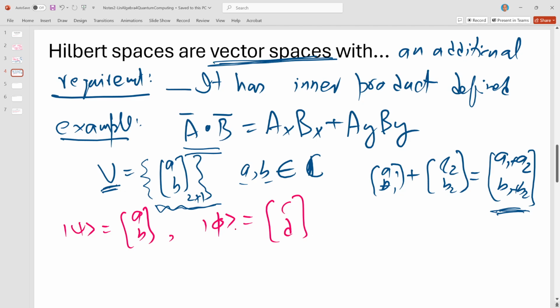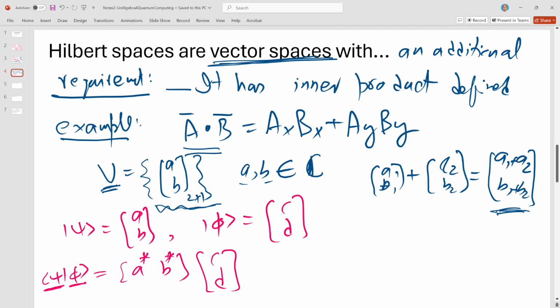So I can define the inner product between the two like this. We can use a special symbol for this. This is called bra psi and this is called phi ket.